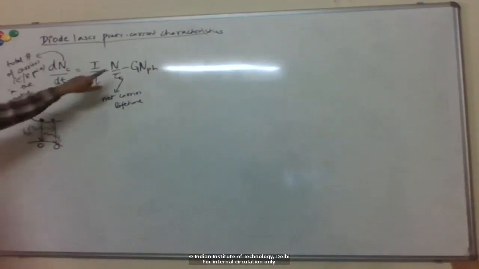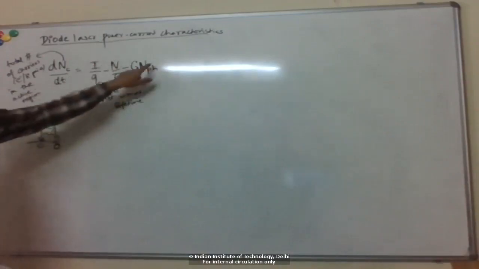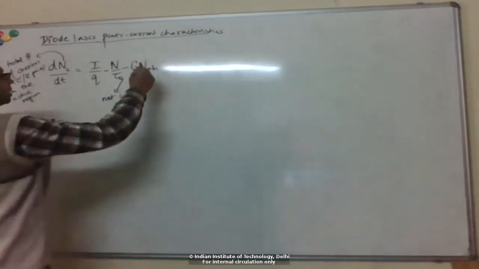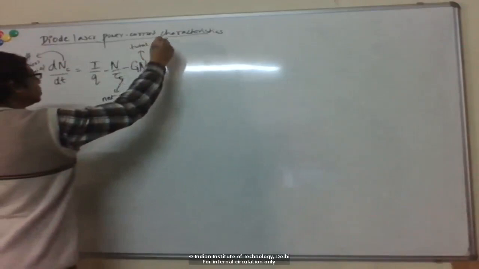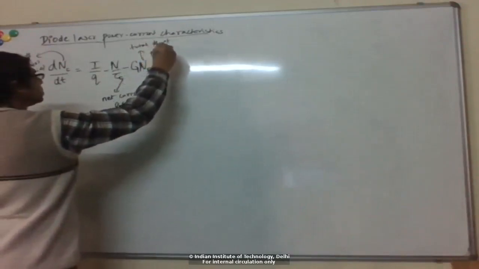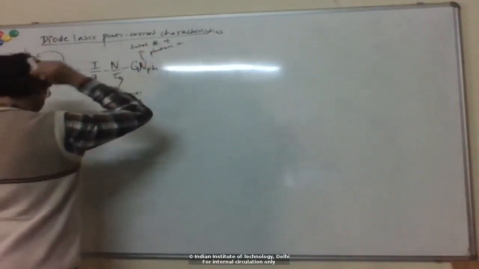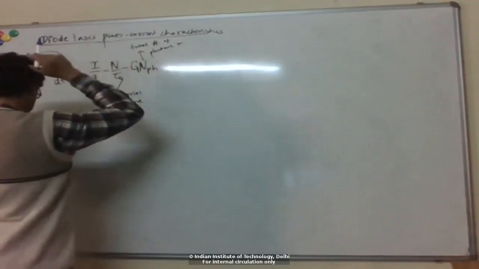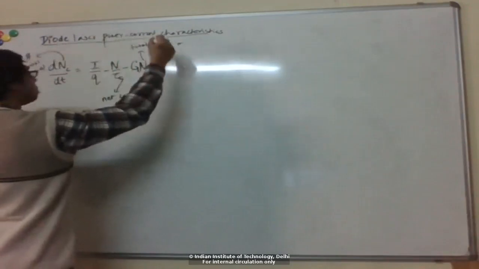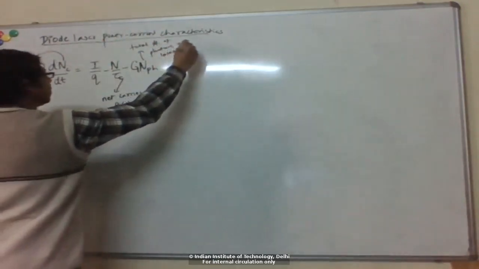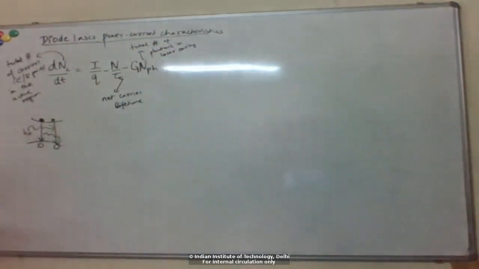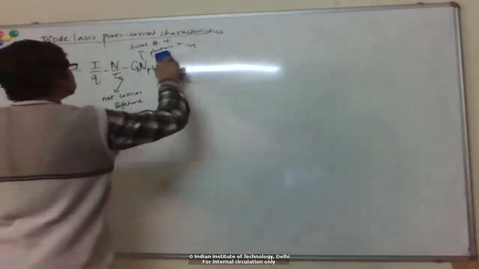So the spontaneous rate is this one, and the stimulated rate depends on the number of photons in the cavity. n sub ph is the total number of photons in the laser cavity, more specifically in the active region.